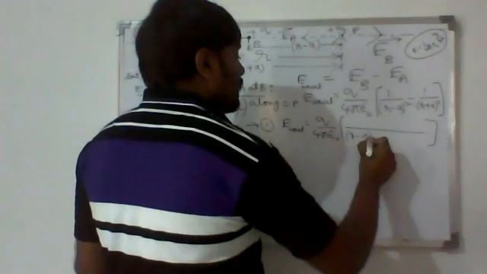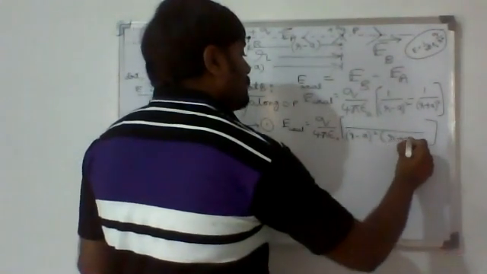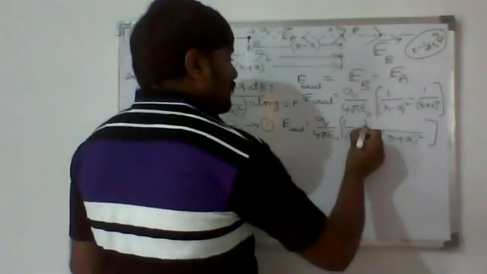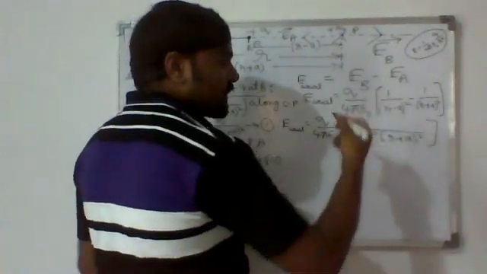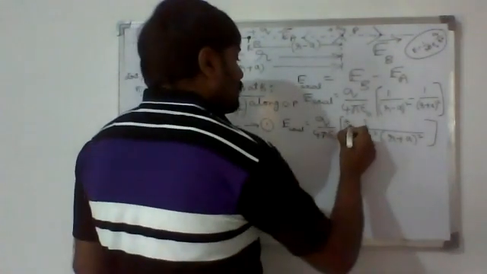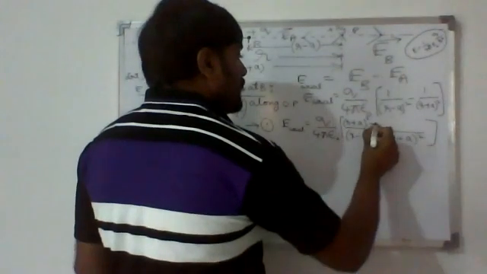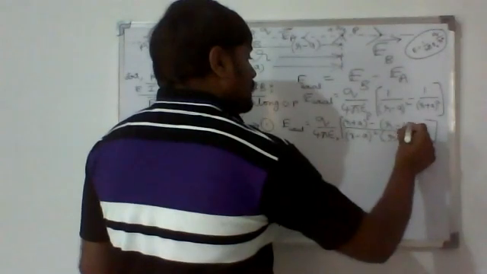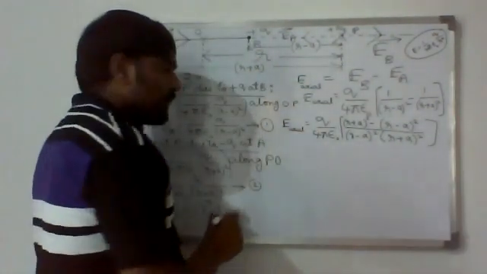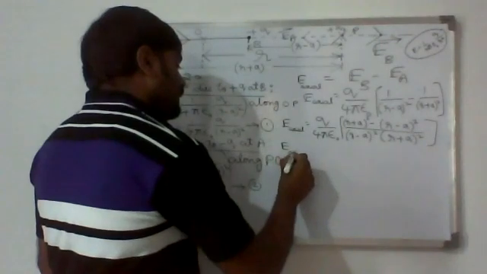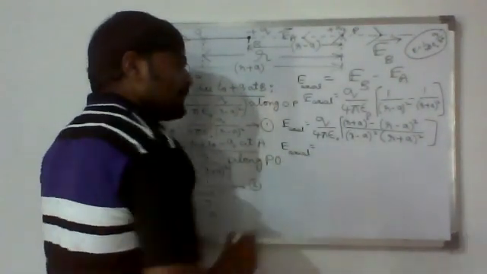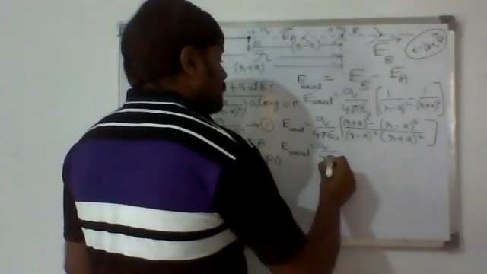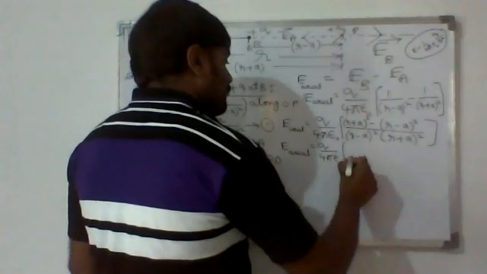Here (R minus A) whole square cancels, the remaining is (R plus A) whole square, minus here the value is (R minus A) whole square. Then the electric intensity at a point on the axial line is equal to Q divided by 4 pi epsilon naught R.